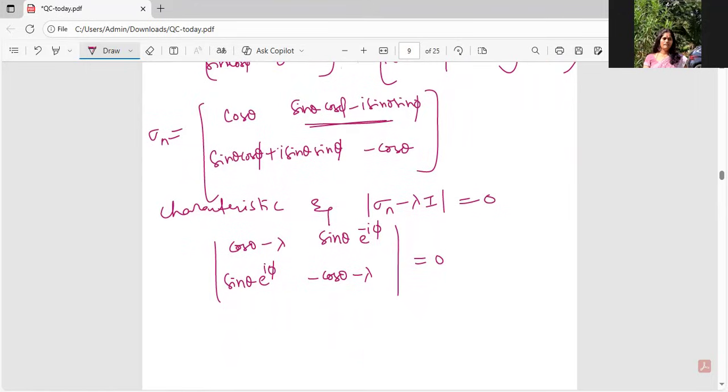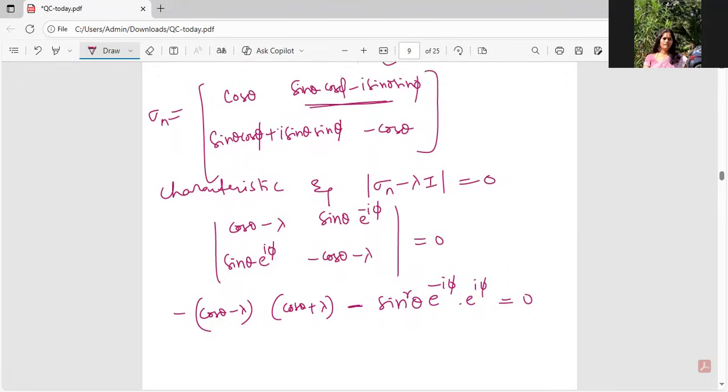Okay. I know when I have A, B, C, D, AD minus BC is my determinant. So what happens here, guys? AD would be cos theta minus lambda into, there's a minus sign common, cos theta plus lambda. Okay. Minus, see this term? Sin theta into sin theta is sin squared theta. e power minus i phi into e power i phi becomes e power 0, which is 1. This is equal to 0. Okay, let's see what happens.